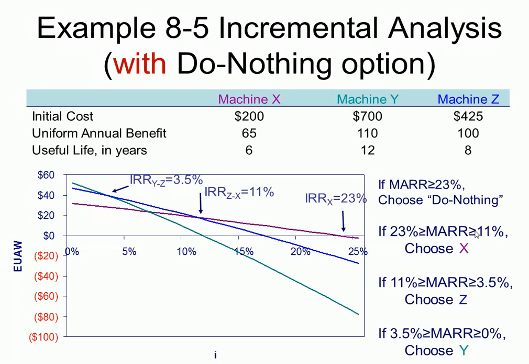We just simply have minimum attractive rate more or equal than 11%. But when we had the do nothing option, we also need to take into account this internal rate of return for the lowest cost alternative, because it also represents the incremental rate of return between X and do nothing.